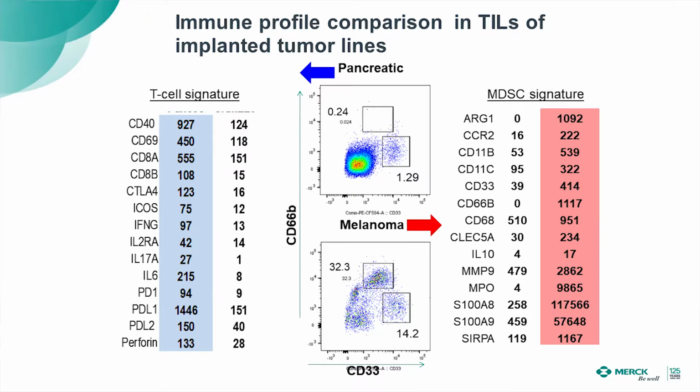And just showing the signature, we could tell that inside the tumor we did all these gene sets, and we got this really nice T cell signature inside the pancreatic tumors, and a very myeloid-rich signature in the tumors with the melanoma line.